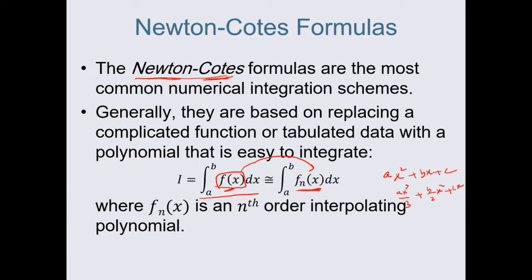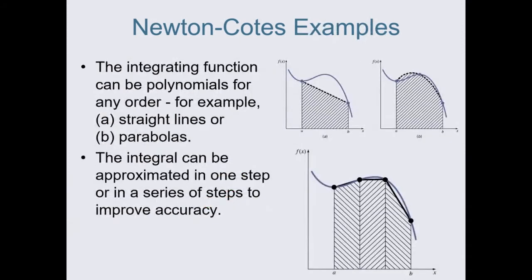Once you have a polynomial, the integration is simple. So you could replace the function with an nth order interpolating polynomial, and then you can find the integral of that polynomial.